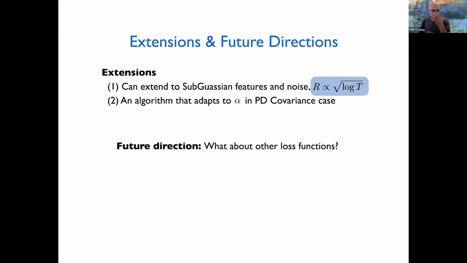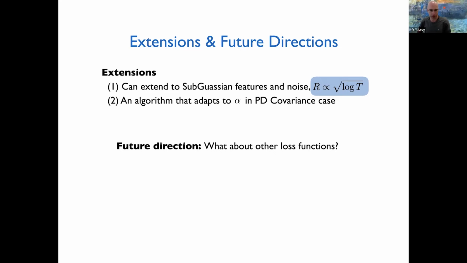Also, if you remember, in the positive definite case, I told you that the learning rate in the algorithm should know alpha, the fraction of contaminated samples. We extend it to an algorithm that doesn't need the knowledge of alpha and still provides the same guarantees.